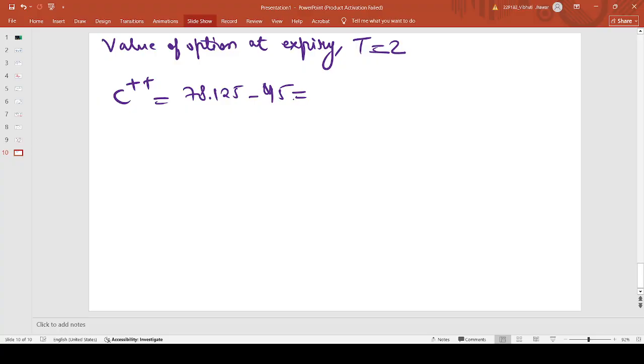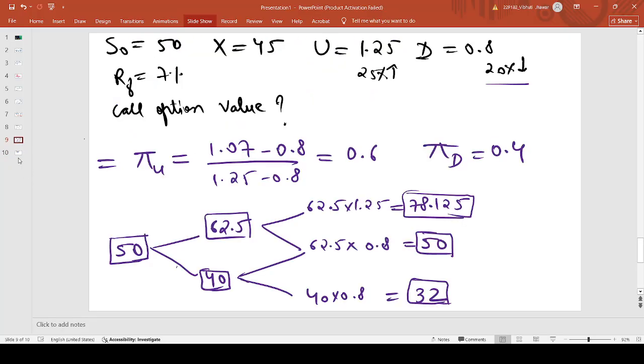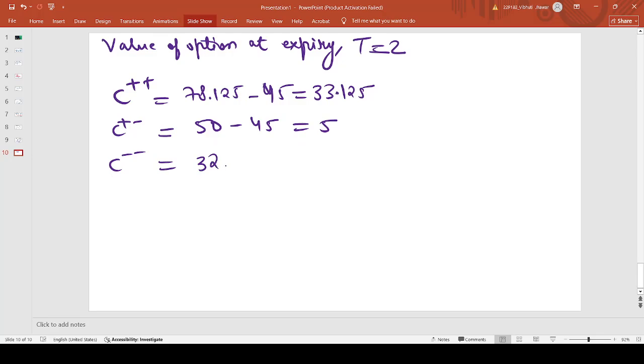So this gives us 33.125. This is C plus plus. C plus minus or C minus plus is the same thing. It is 50 minus 45, which gives you 5. Then there is C minus minus, which is 32 minus 45. But this is negative, so you will take 0, out of the money.